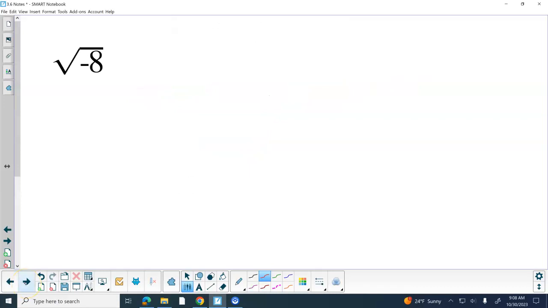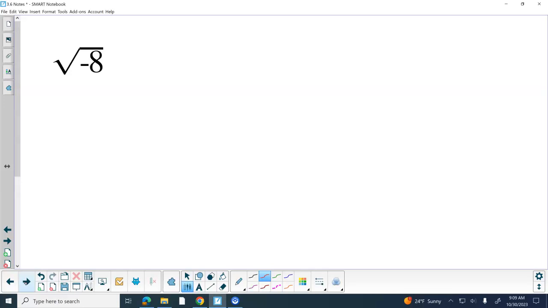Okay? Where you probably used it a lot last year in Algebra 2 was your teacher, or on a test or on a quiz, they said simplify the square root of -8. Which before, up to this point in this class, we just said, nope, doesn't exist. Can't do it.